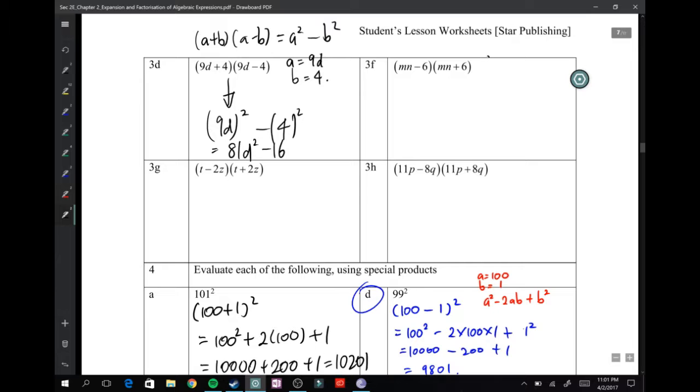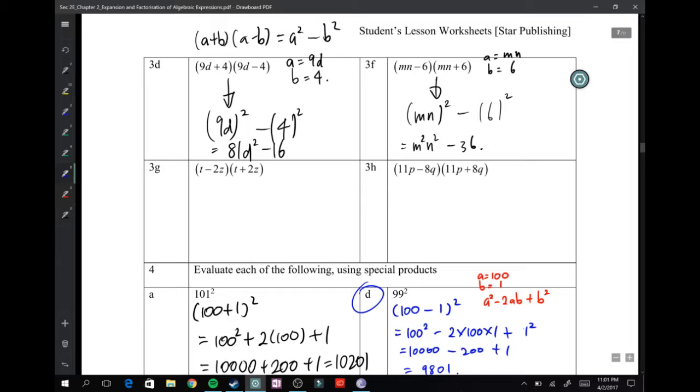Here also the same thing, a is mn, b is 6. In the same way we get a squared, which is (mn) the whole thing squared, minus b squared, which is 6 squared in this case. (mn) squared gives you m squared n squared minus 36.